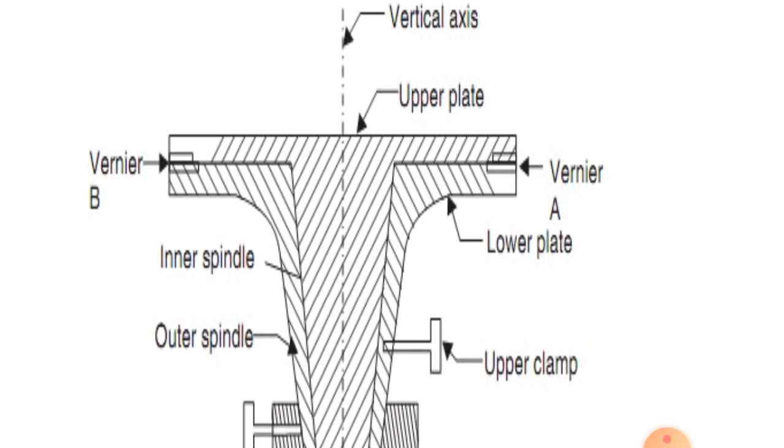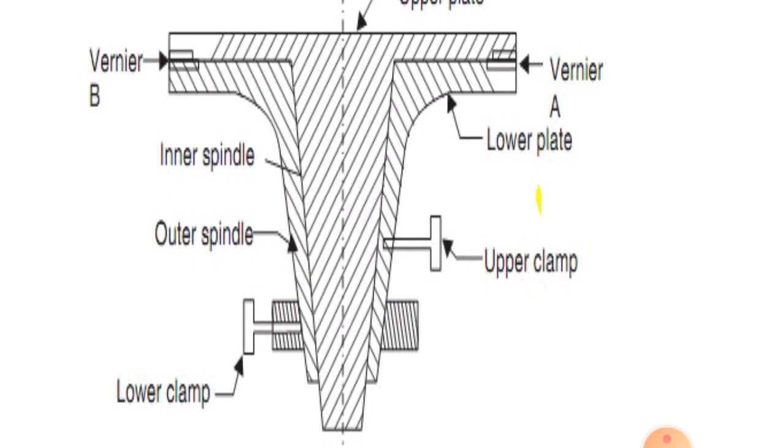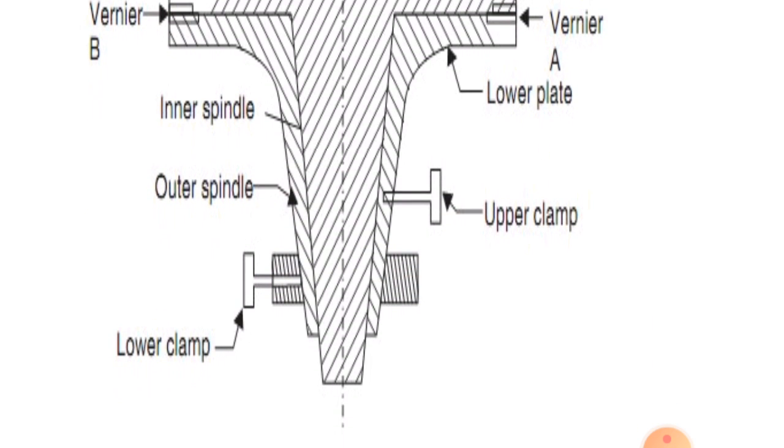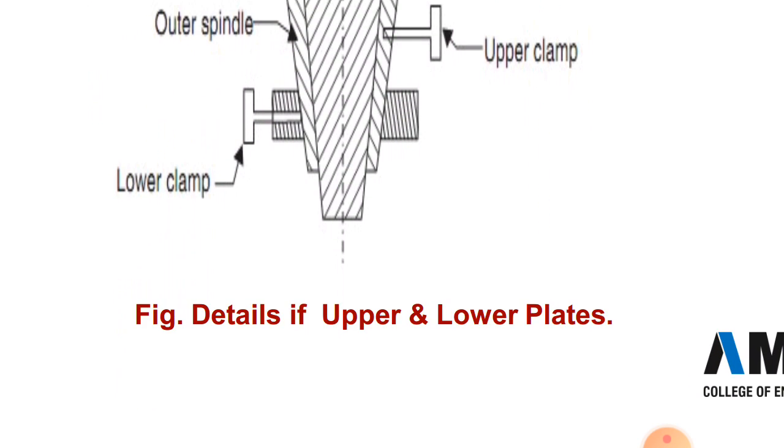And here the upper clamp is provided. The upper clamp is provided to fix the two plates, and the lower clamp is provided to fix the instrument rotation.